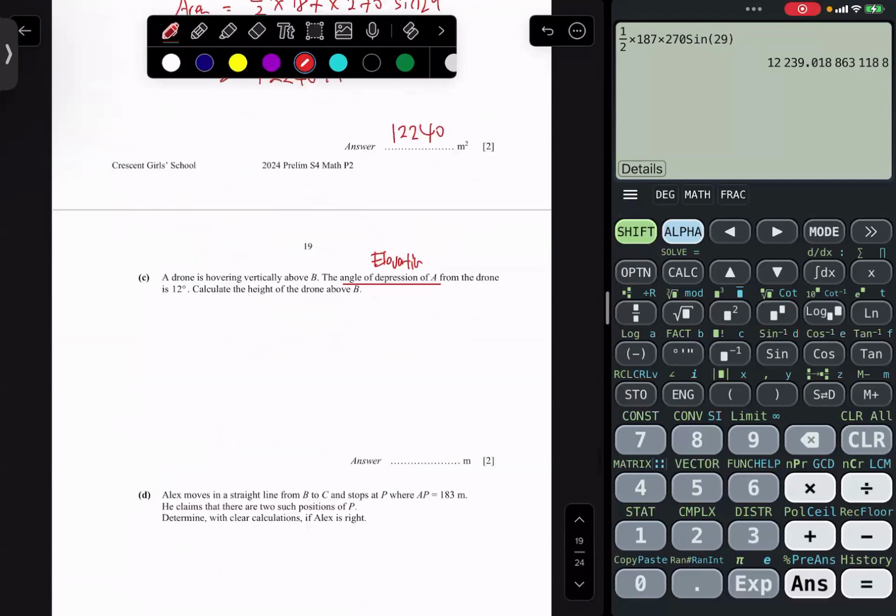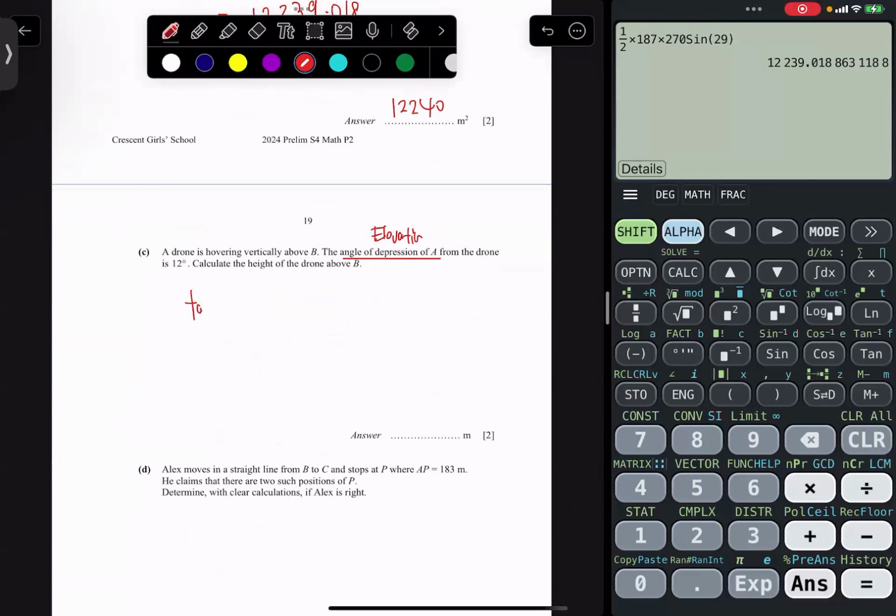Tangent 12 degrees equals the height over 187. So H equals 187 tangent 12, which is 39.7 meters.